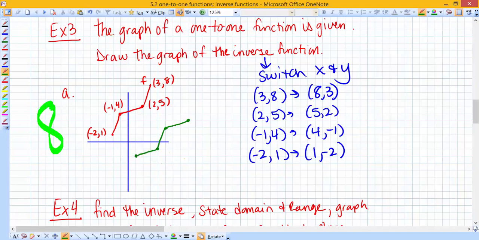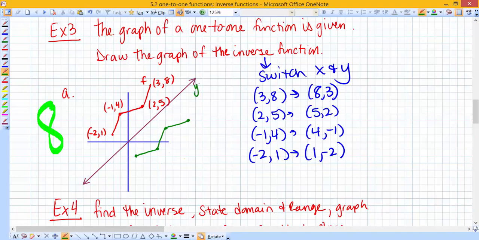And I hope you recognize something here. There is some symmetry here. Take a second to think about where these two figures are symmetric to each other. I hope you are thinking of the line y equals x. These two functions are symmetric over this line right here.